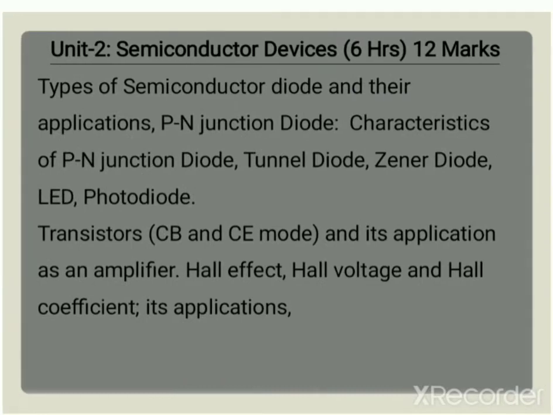Then Unit 2 is semiconductor devices. Again the hours for this unit are 6 hours and it has a weightage of 12 marks. This unit consists of types of semiconductor diodes and their applications, the p-n junction diode and its characteristics, tunnel diode, Zener diode, LED and photodiode.